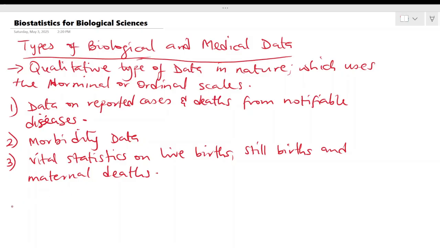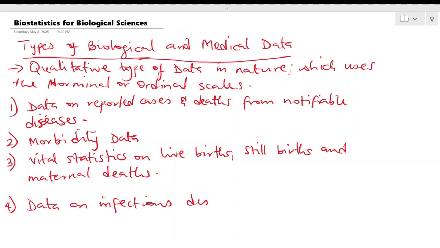Then point number four on the types of biological and medical data collected and seen in statistics. We also have data on infectious diseases, very important, like the last one that almost erupted the world, coronavirus.